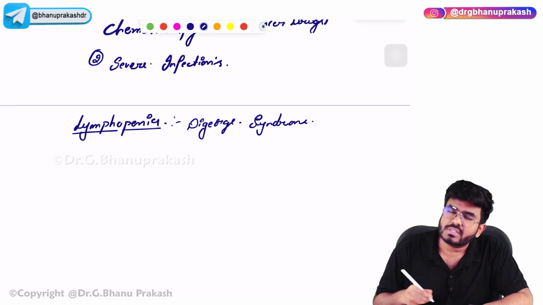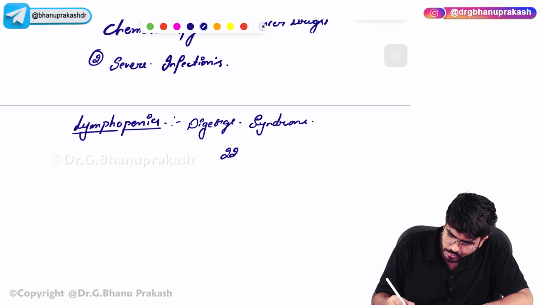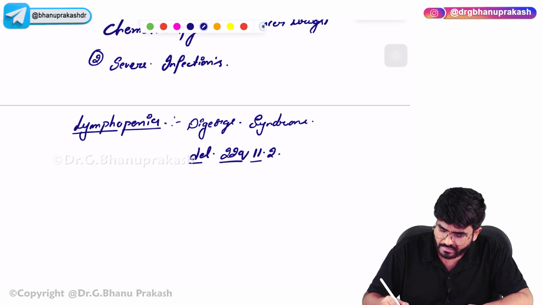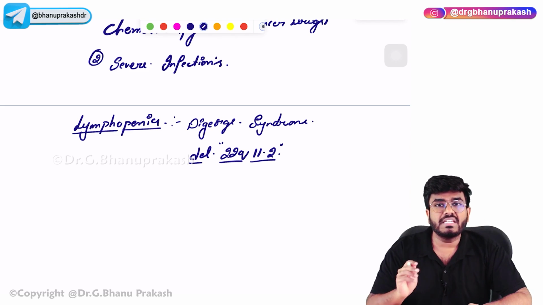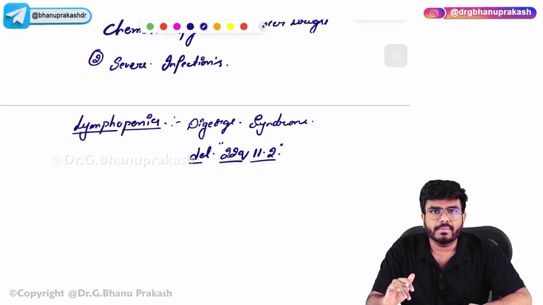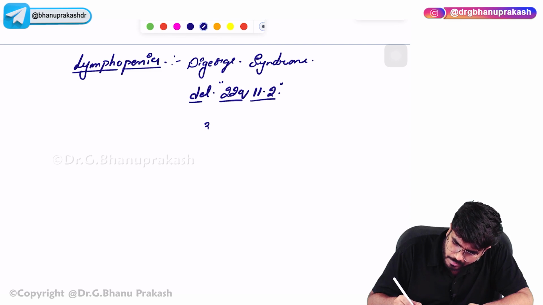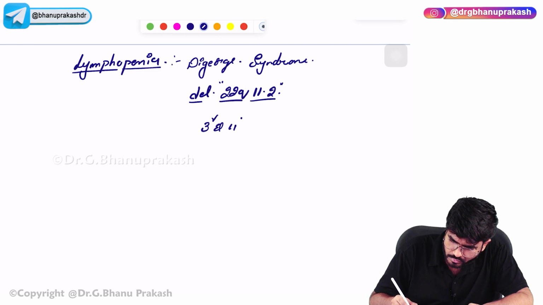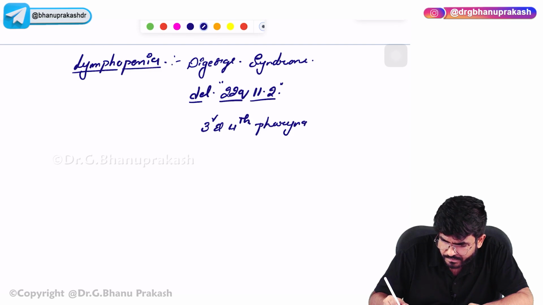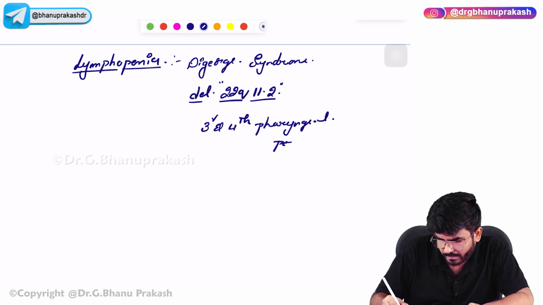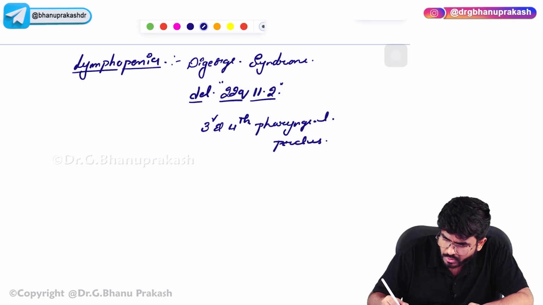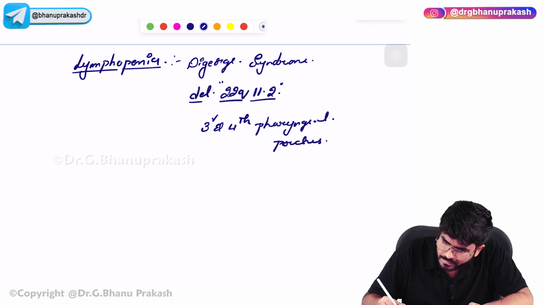So what exactly is DiGeorge syndrome? You know it. It's a 22q11.2 deletion. The genes present in this locus are totally deleted. Whenever these genes are deleted, the third and fourth pharyngeal pouches are not developed.